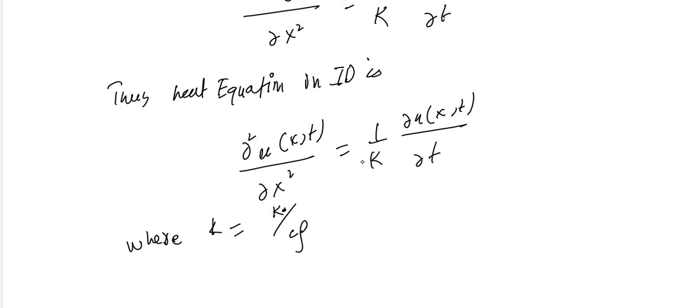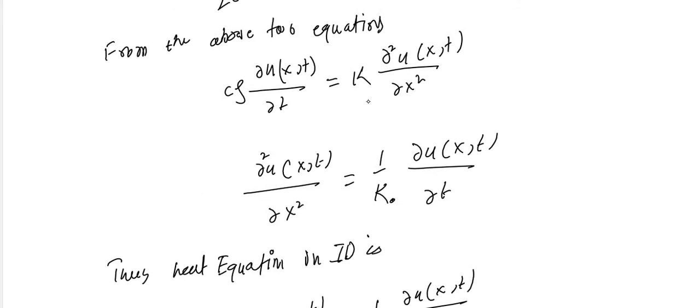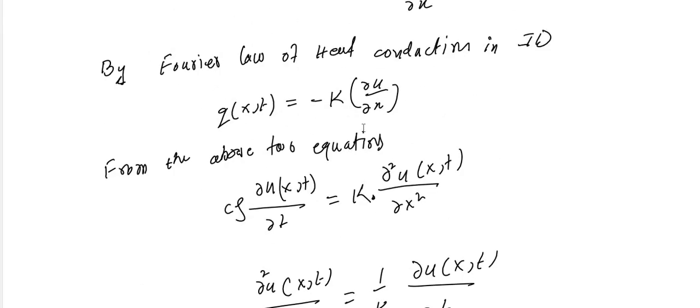You can put a slight notation here to stay away from confusion. This was kappa, and the new k is your constant of diffusivity.